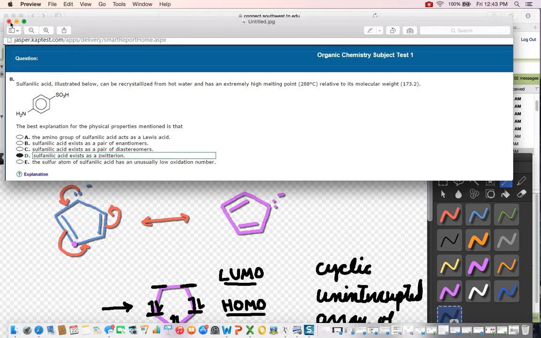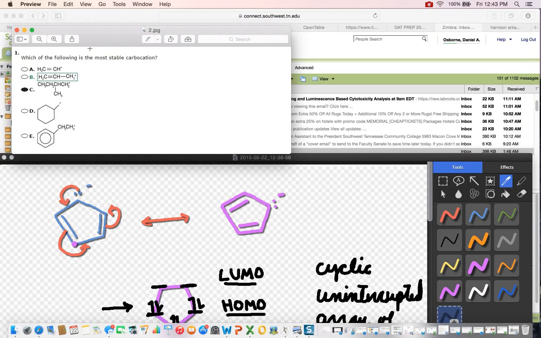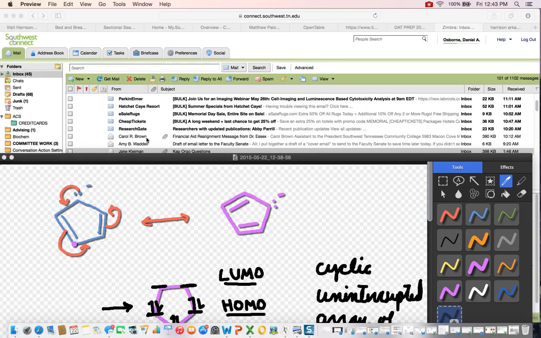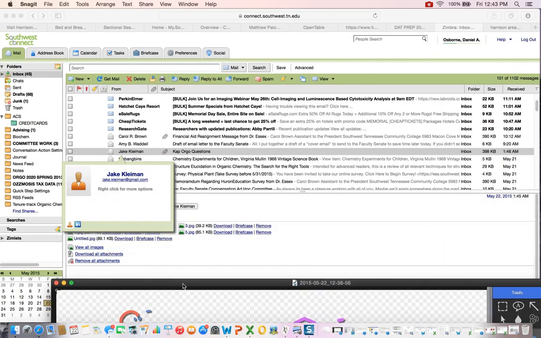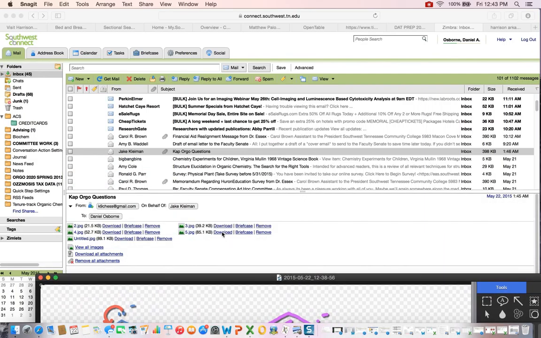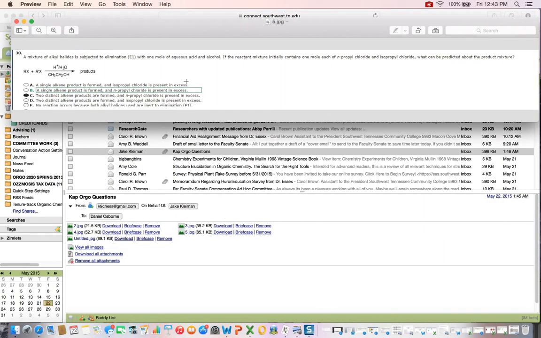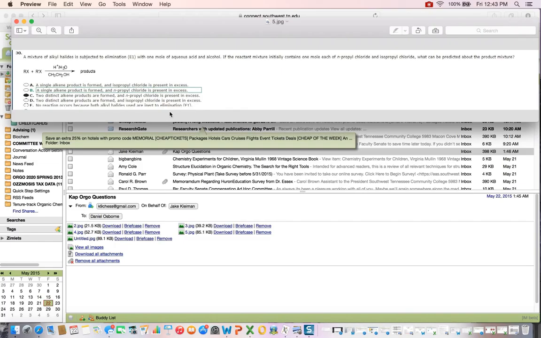So I think we're on number 5 now. A mixture of alkyl halides is subjected to elimination with 1 mole of aqueous acid and alcohol.